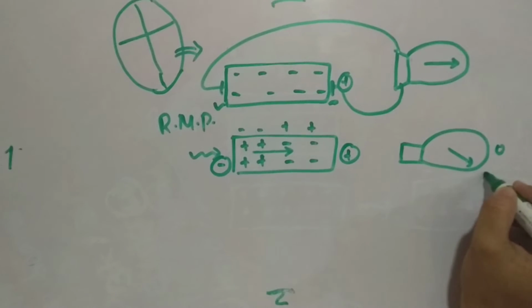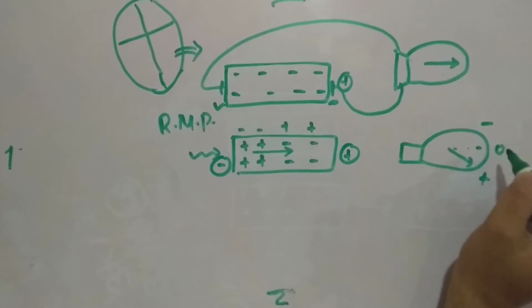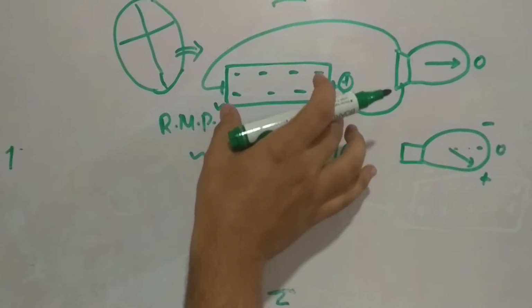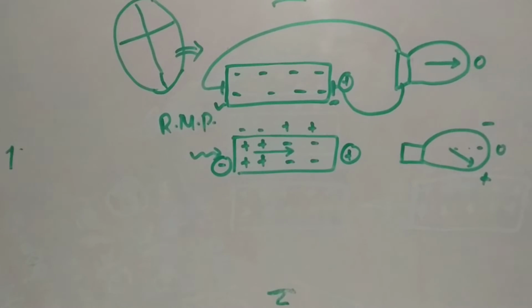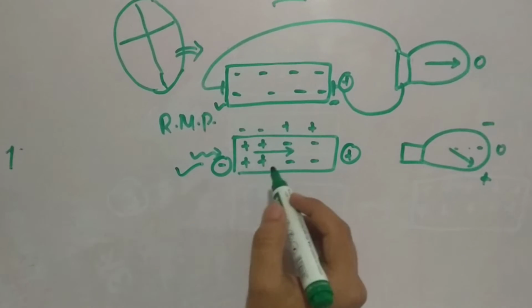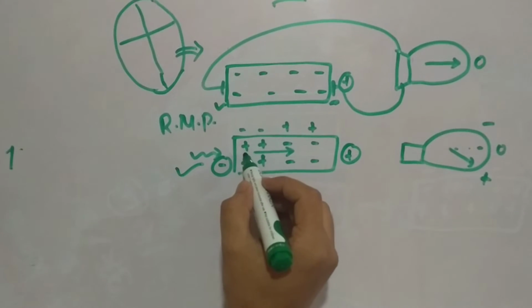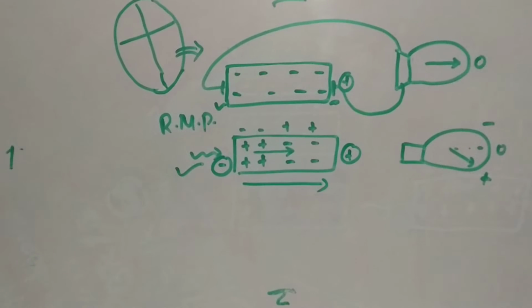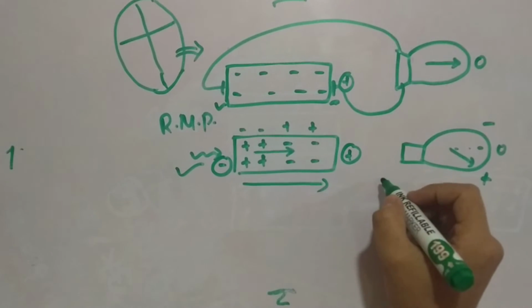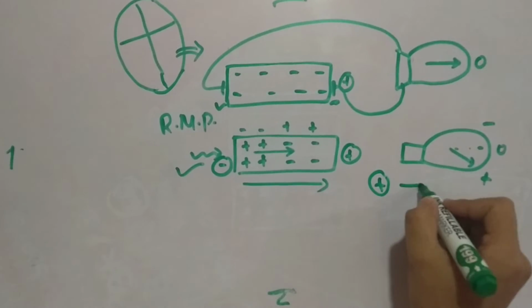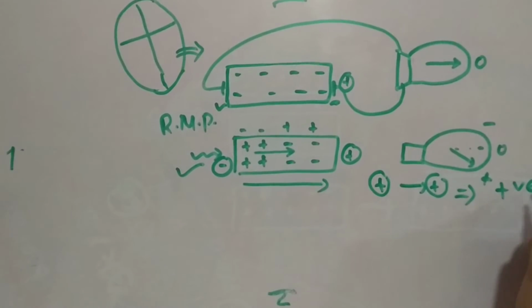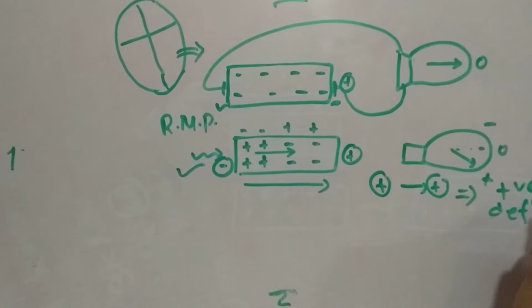Suppose this is 0, this is the positive side and this is the negative side. Initially it was at 0, no deflection, because there was no change in polarity. But when the stimulus is given, the polarity changes gradually, and the positive vector moves from this side to this side. So one mnemonic or logic is that when the positive vector moves towards the positive side, the deflection is also positive. So there will be a positive deflection. Keep this in mind.